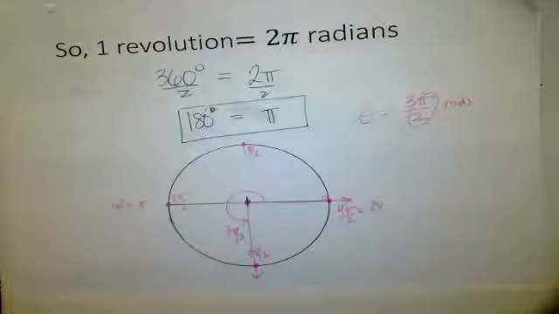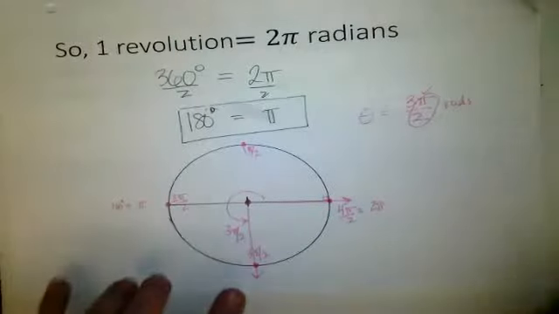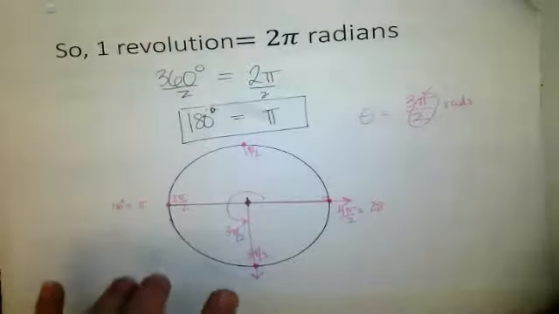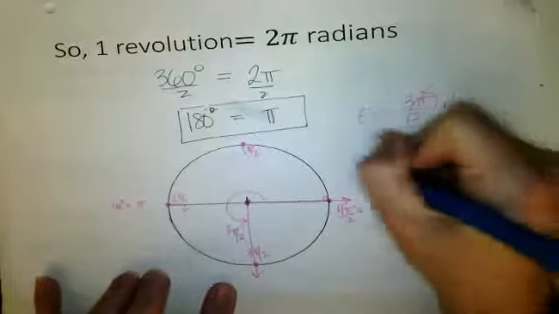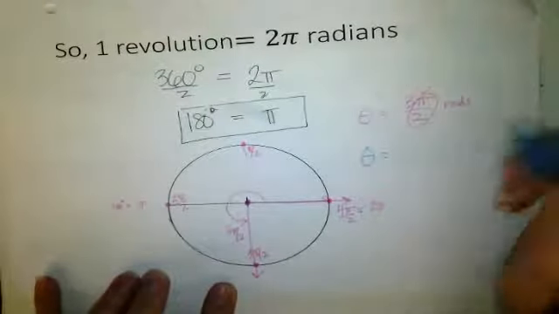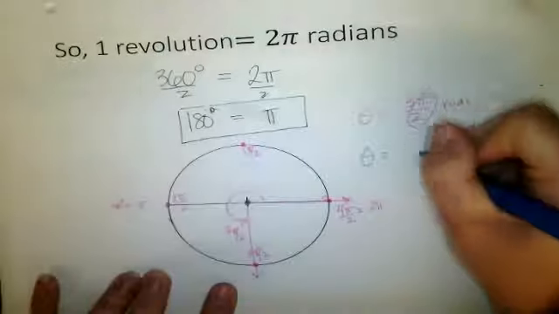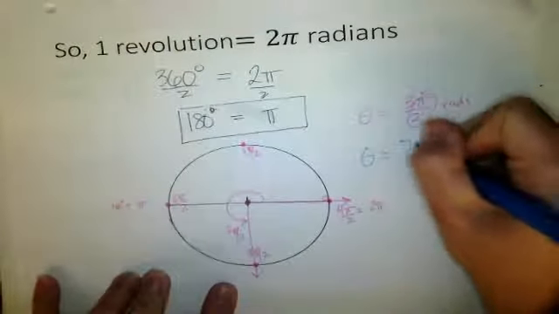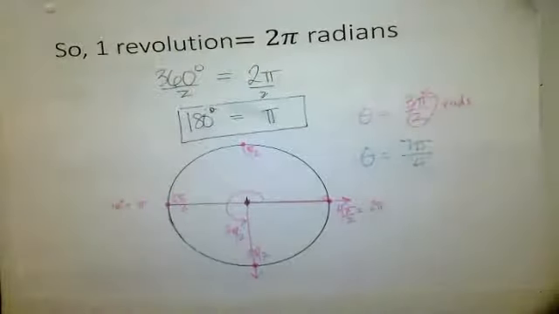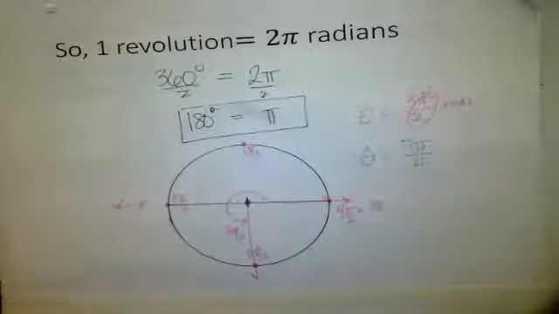Okay, so now I want to draw one more angle, so we do this again. This one we're going to draw is 7 pi over 4. So we start with, where's pi? 180.